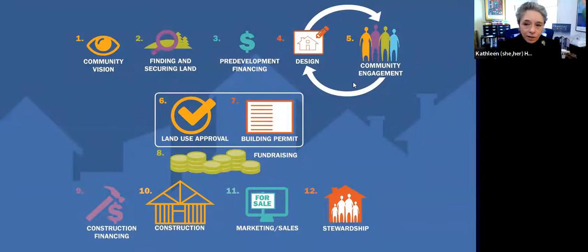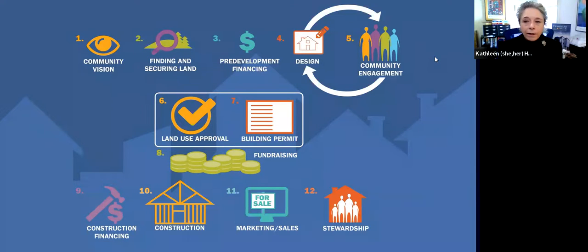We need to have clear direction from you as to the elements that you really are committed to so that we can then design and do the cost estimates for that specific design and figure out how to make it pencil. From there, we go into land use approval and building permit applications.